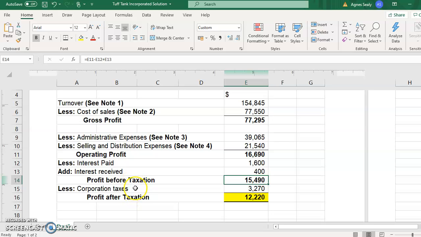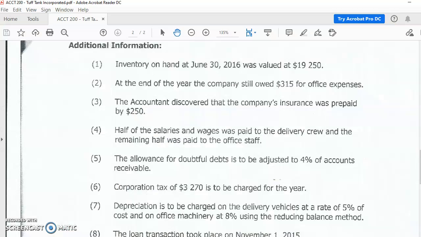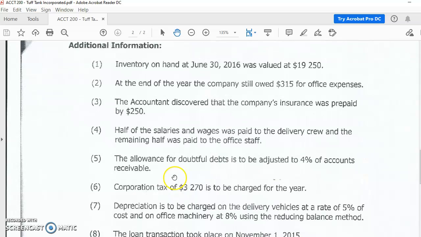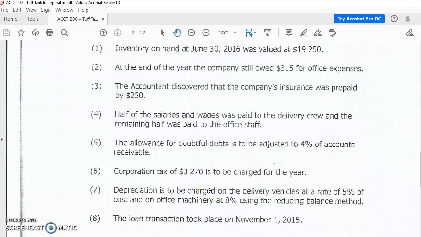However, when we look at this question, the additional information doesn't tell us anything about dividends being paid. It didn't tell us anything about any transfer to any special reserve, because that is a fund that the business is keeping to do additional things.